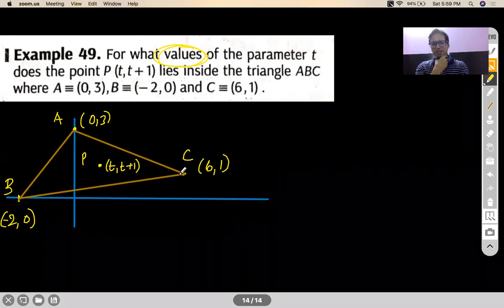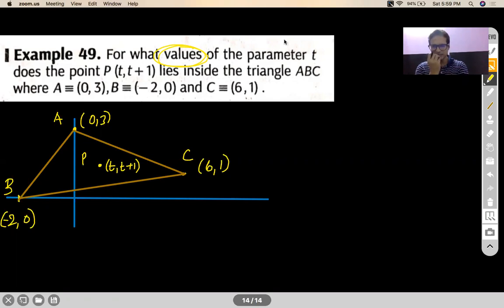Anybody can share with me what method you will use? Hariharan says they should lie on the same side of BC as A. Absolutely, Aditya. Very good. So what Aditya and Hariharan are suggesting is that if P has to lie within the triangle, then number one, P and A must lie on the same side of BC.